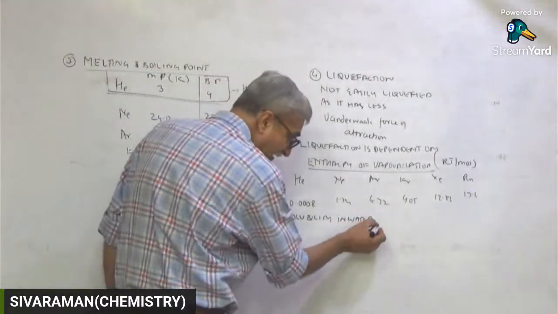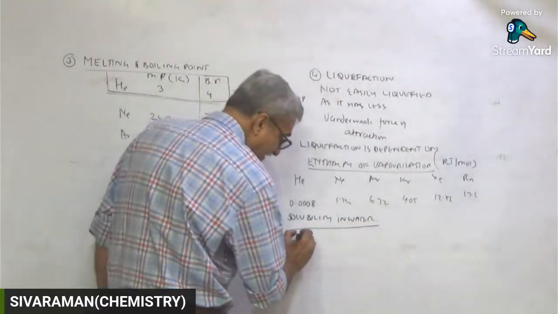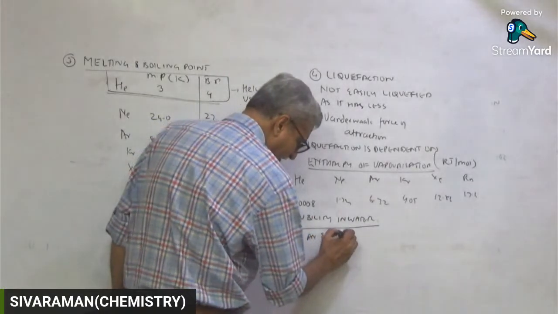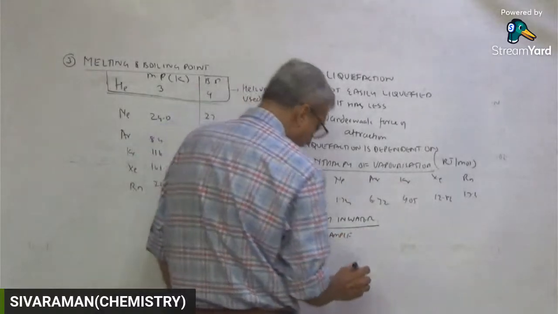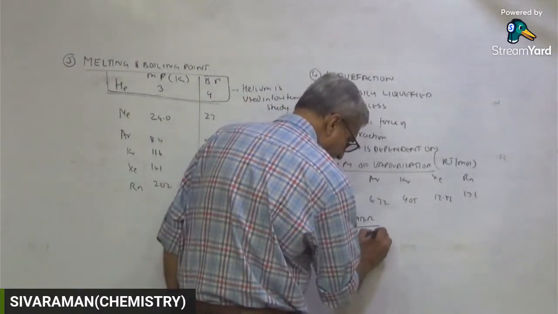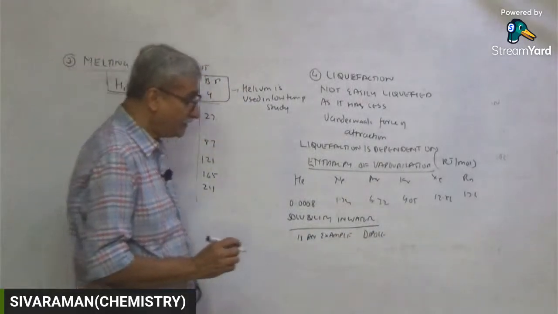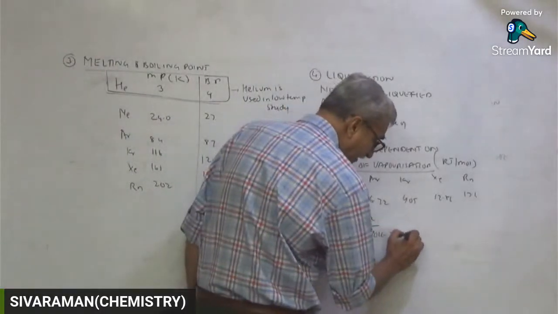So solubility in water of this is an example of dipole induced dipole. Water is having a dipole. Water is a polar solvent. Dipole and induced dipole.